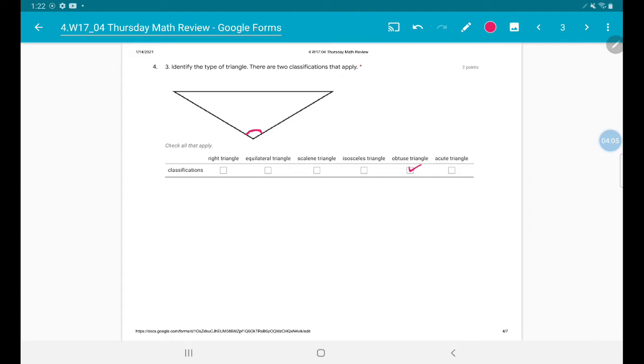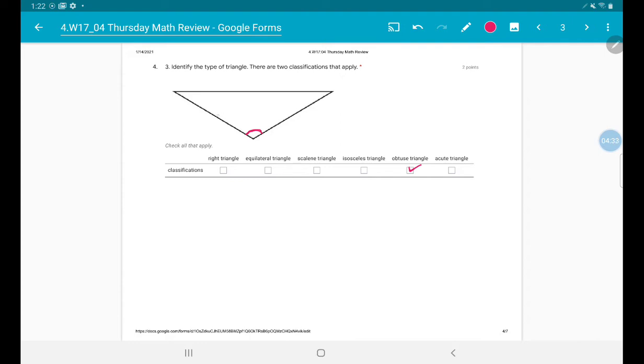And then we're also going to classify it by the sides. What did we say an equilateral triangle was? It was equal on all sides. Does this have 3 equal sides? No, so it can't be an equilateral triangle. We said a scalene triangle is a triangle that does not have any sides that are the same length. Do you see any sides that are the same?